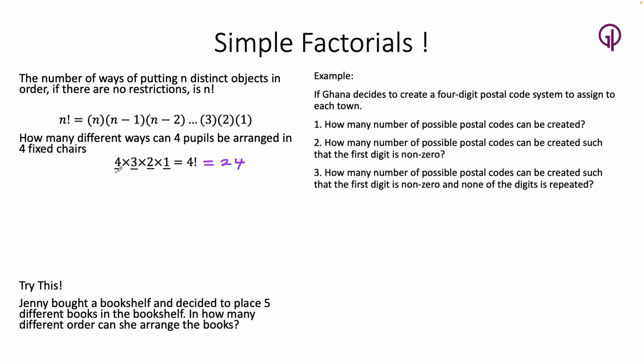Immediately one person sits down, we have 3 people left. For the next chair, there are only 3 choices. And once another person sits down, for the next seat there are only 2 people left.